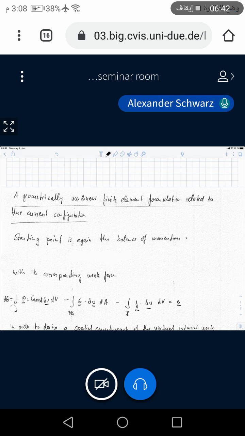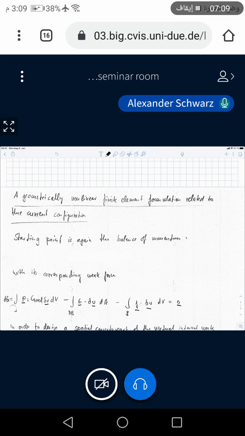But maybe we have some advantages in providing the stress function, or maybe some advantages in coding, that means in calculation time. At the end, it's also a matter of taste, but I will give some remarks on this at very special points in this lecture.